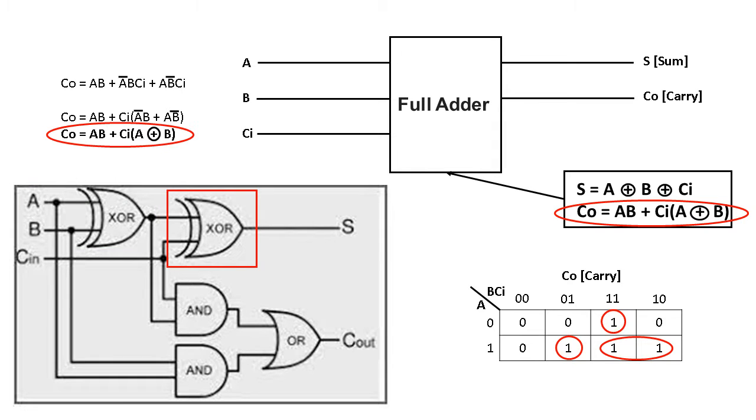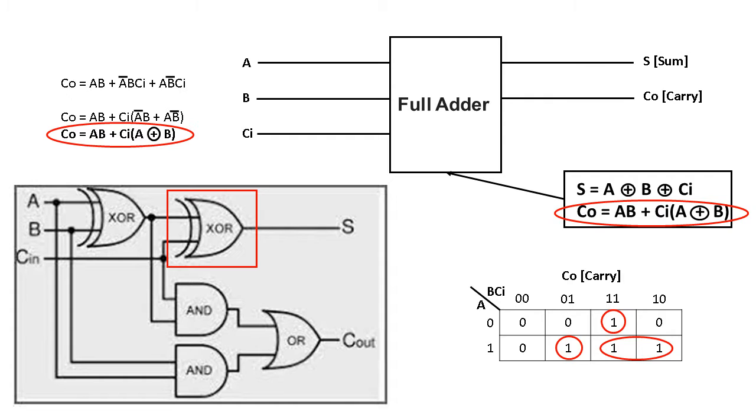See the formula and match it with the circuit diagram. And the result is the sum that we are going to achieve, that is A XOR B, and then that result XOR Ci, represented through this circuit.